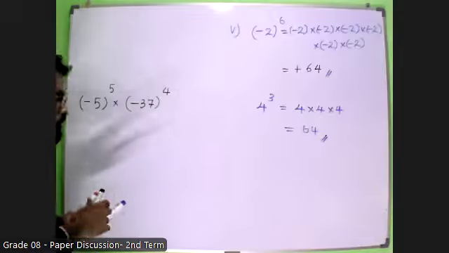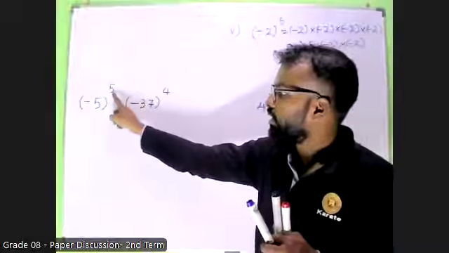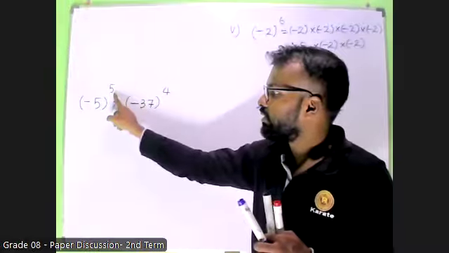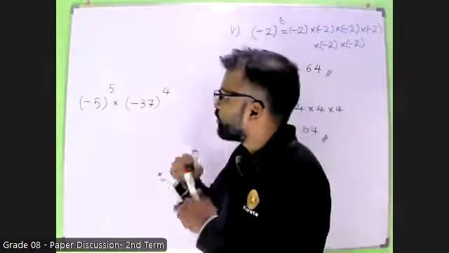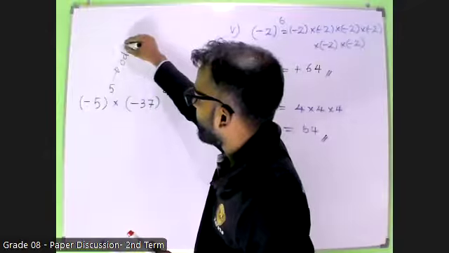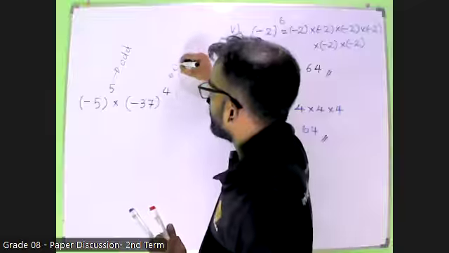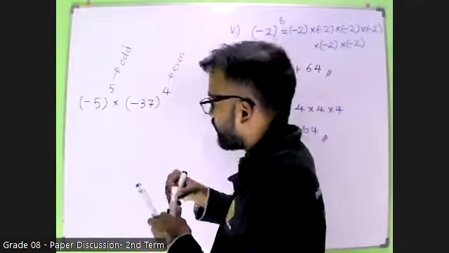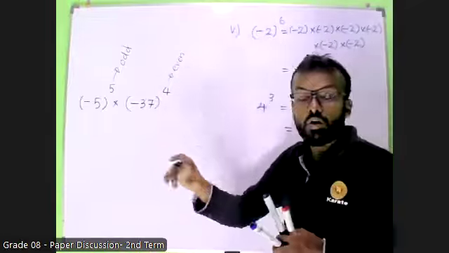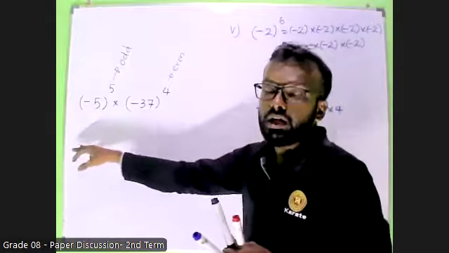Right. So here, the power is odd, this is the odd power, and here the power is an even number. So you have to decide whether the answer of this one is negative or positive.